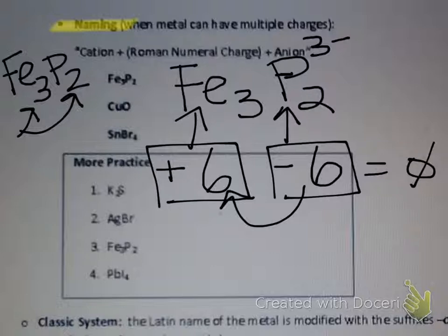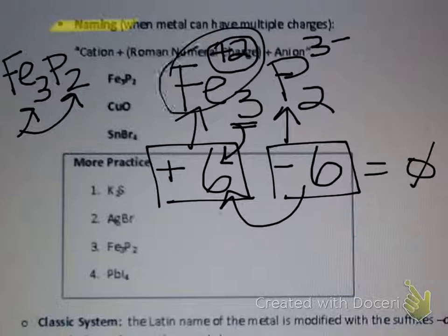Alright? So, right now, from the formula, we know we have 3 iron cations, and the total charge is +6. So, 6 divided by 3 equals, what's the charge of each? It's going to be +2. Okay? So, here, in Fe3P2, we have the iron 2 cation.